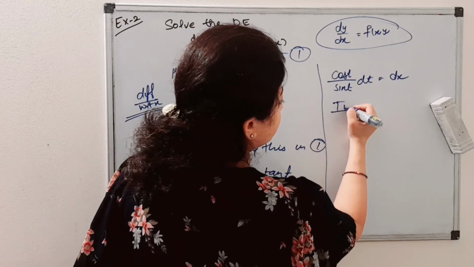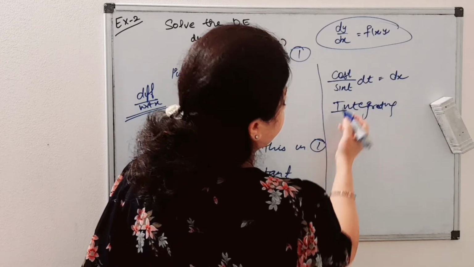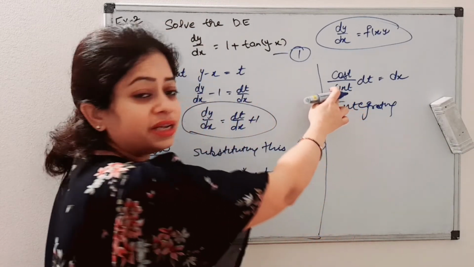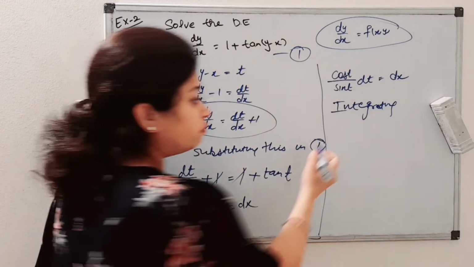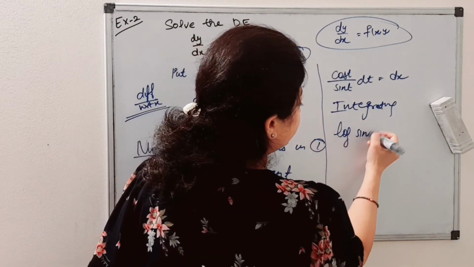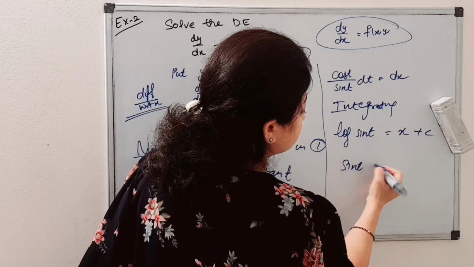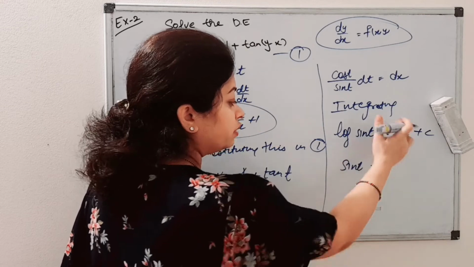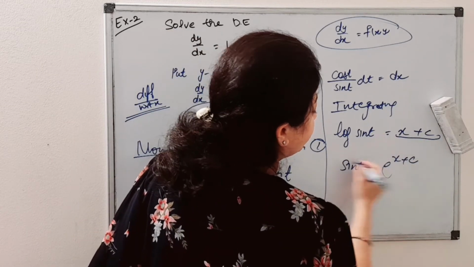Now variables are separated. So what will we do? Final step, integrating. That means the function is here in the denominator and its derivative is in the numerator. So we will get log sin t is equal to x plus c. Log is here with sin t, so this term will go in e raised to power x plus c.